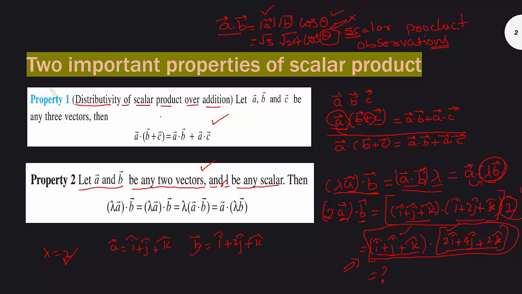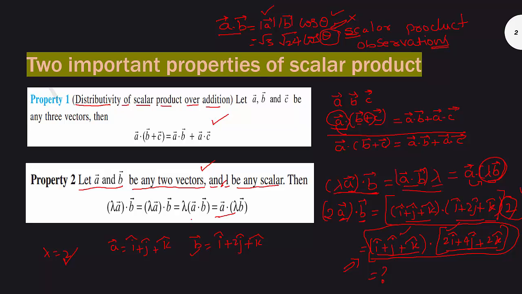First one is the distributive property, and the second one is the scalar multiple property. In the first one, scalar distributes over addition, and in the second one, scalar can be multiplied with the dot product. That is, first you can multiply scalar with a and then make a dot with b, or first you can make a dot b, then multiply with scalar, or you can multiply scalar with b and then take the dot with a.